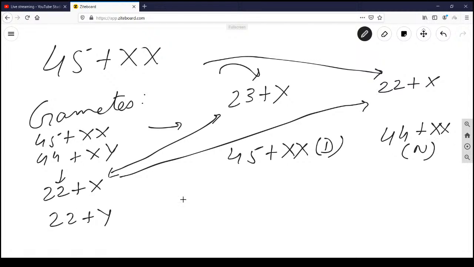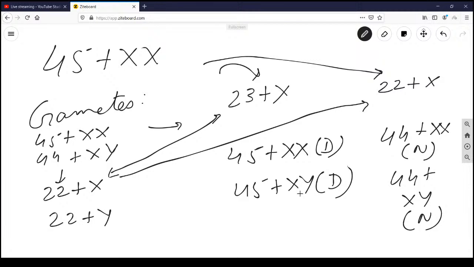Same way, next gamete, it will go with 22 plus Y and become 45 plus XY, diseased, and it will go with 44 plus XY, that is again normal. So 50% is trisomic, and 50% normal child. Okay, so the answer will be 50%.